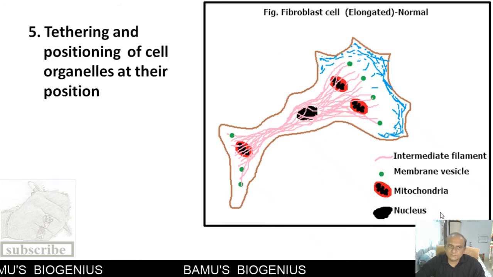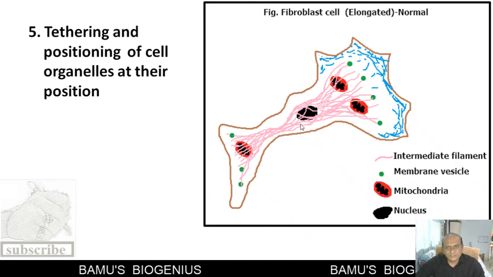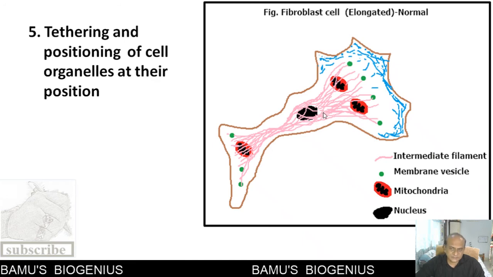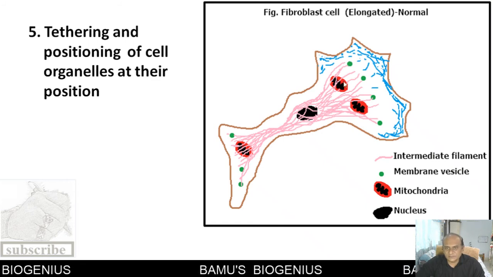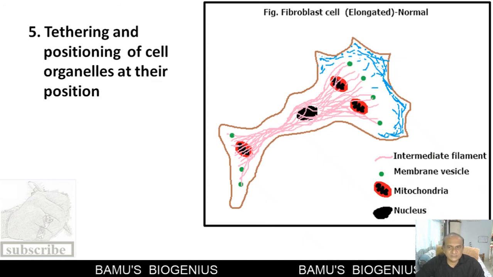Then the fifth function of intermediate filaments is tethering and positioning of cell organelles at their particular position. As I have already told you, the intermediate filament surrounds the nucleus as if the nucleus is caged in between the intermediate filaments. Another peculiar feature is that intermediate filaments are also responsible for attaching the various cellular organelles so that they can maintain the position of the organelles inside the cell cytoplasm.